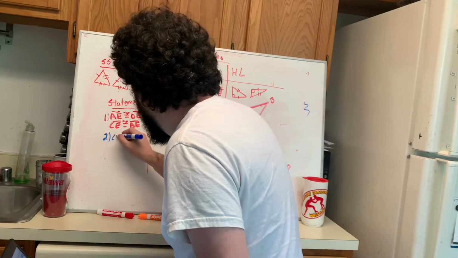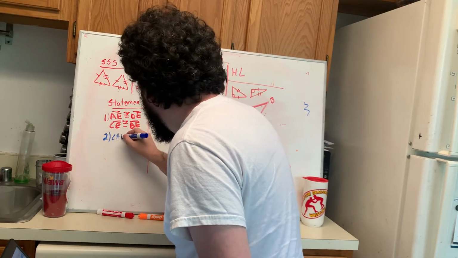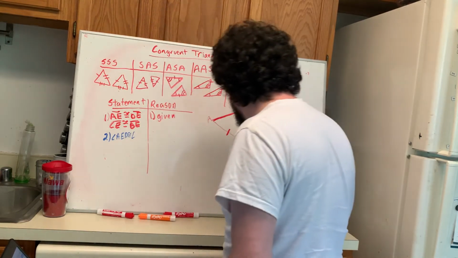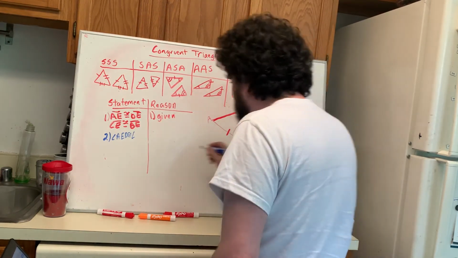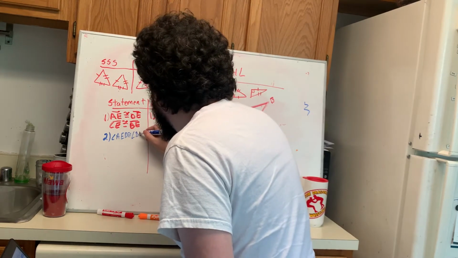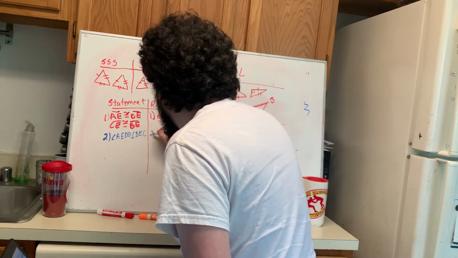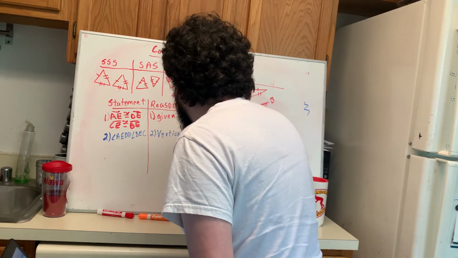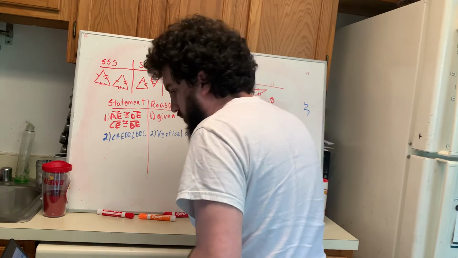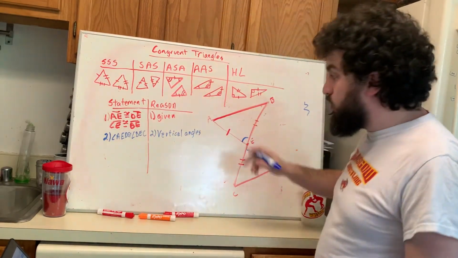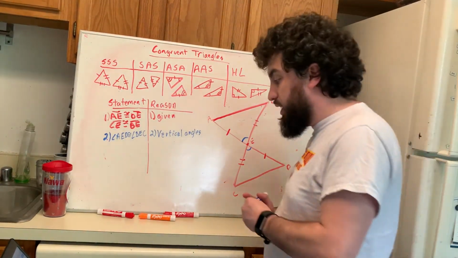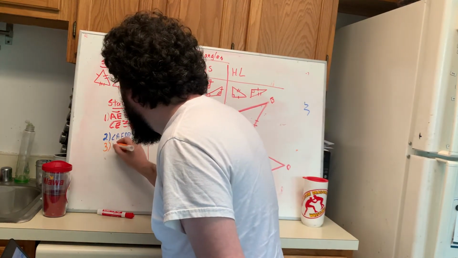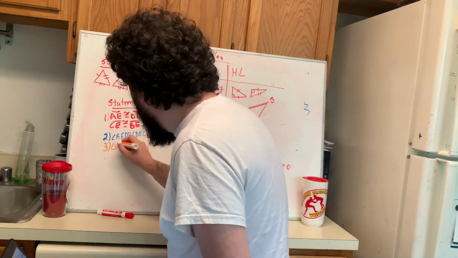So I know angle AEB is congruent to angle DEC. I know that these are vertical angles. So remember, vertical angles are across from each other. That gives me enough to make my final statement of triangle AEB.